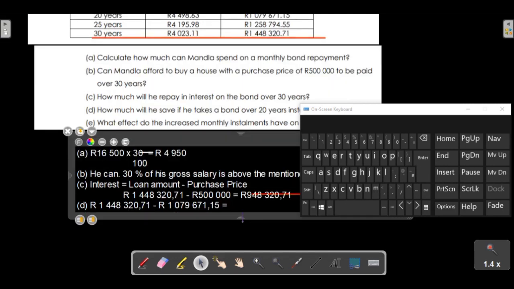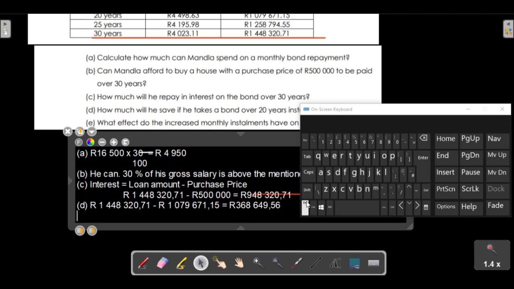I'm actually using a calculator, guys. He would have saved 368,649 rands, 56 cents. So he would have saved a lot of money there, guys.